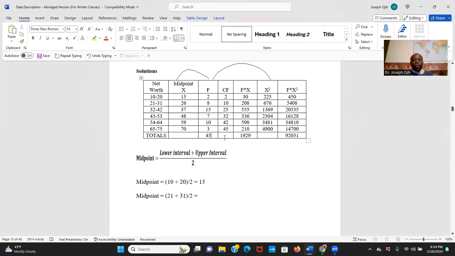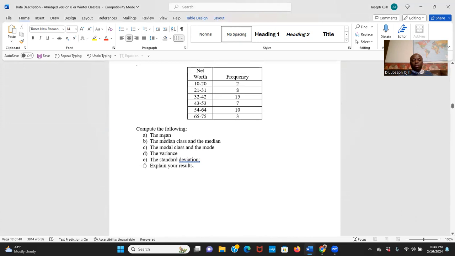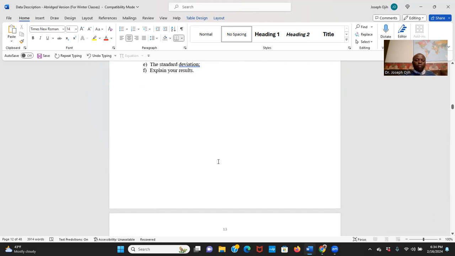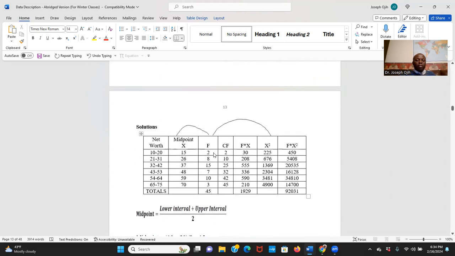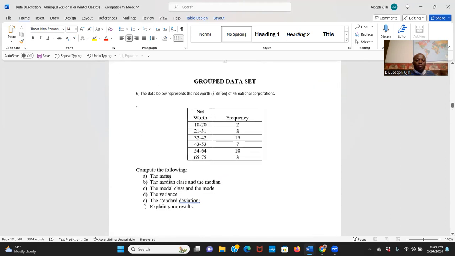With this, you can now answer these questions: mean, median, mode, and modal class, and so on and so forth. So let's do that. Let's answer them. First one says find the mean.